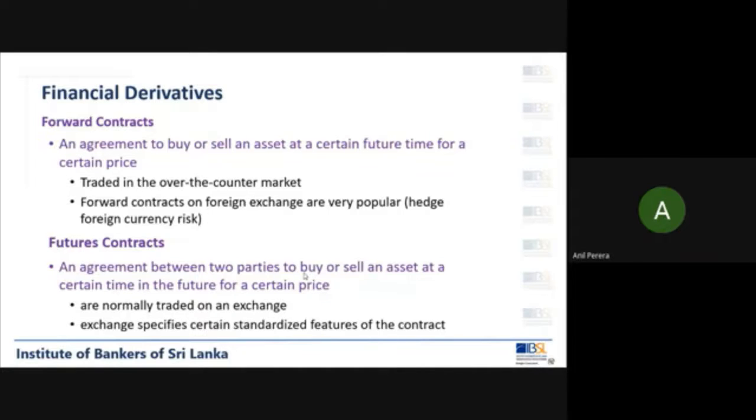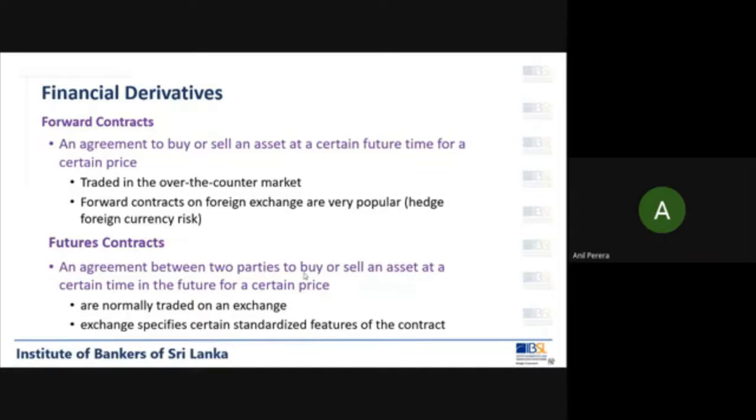So it's an agreement to buy or sell an asset at a certain price at the time of entering into the contract. So you enter into the contract today, and the agreed price would be today's price.